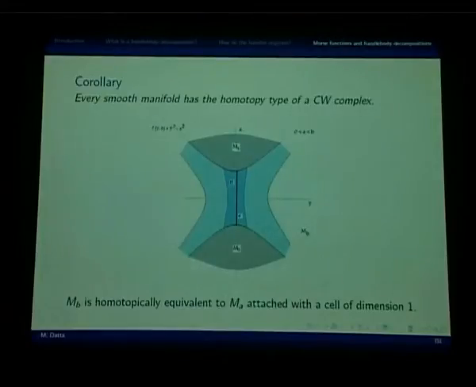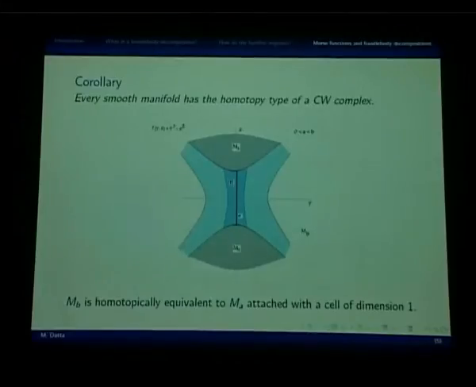Now in this figure, which I have shown before also, I have put a black line in the middle. That simply stands for dk.